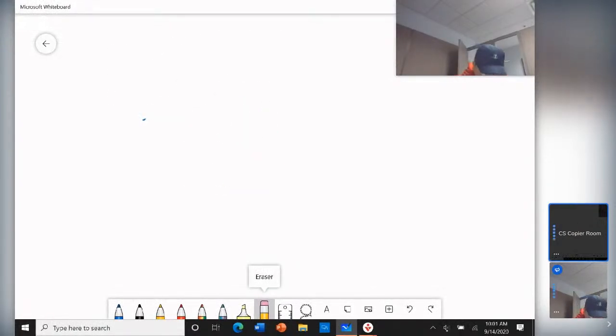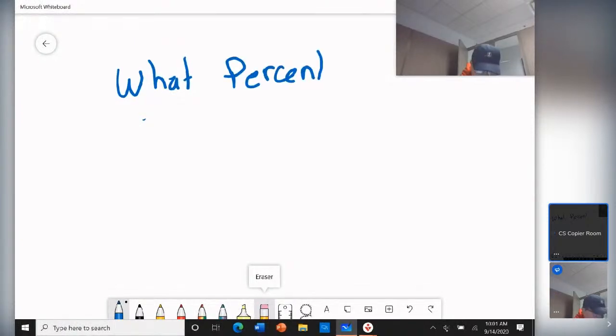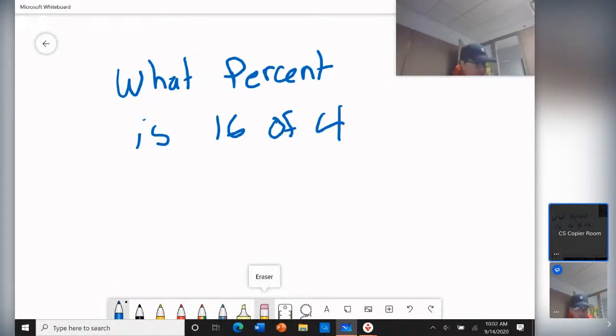So you might see on the test, what percent is 16 of 4? Okay, so really all this is a division problem.